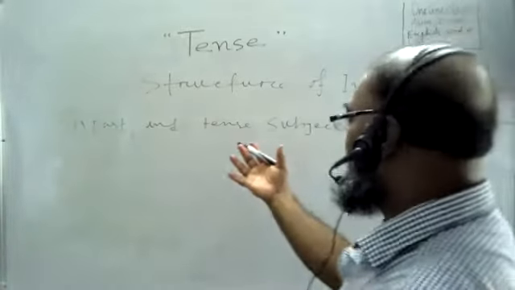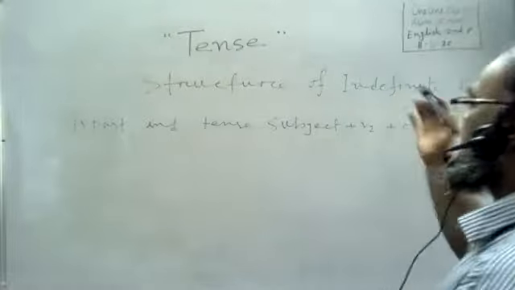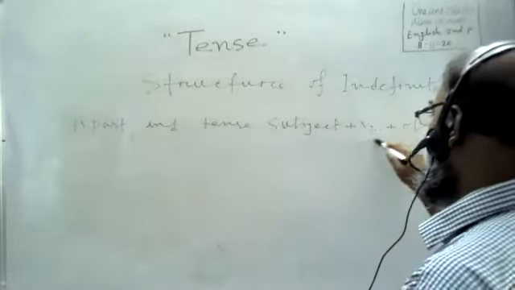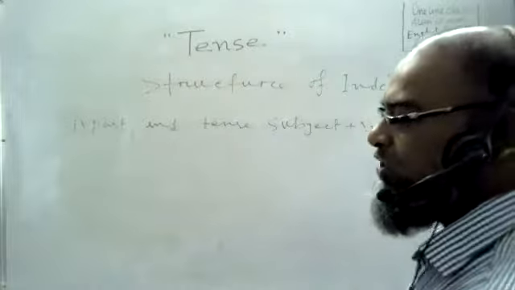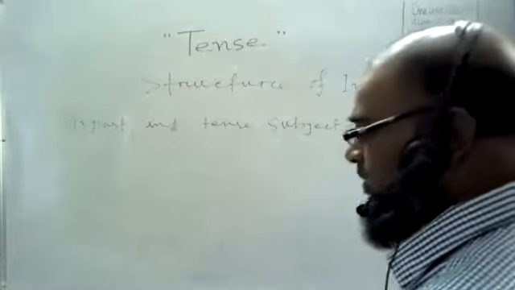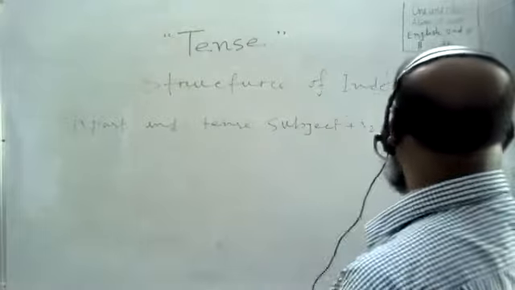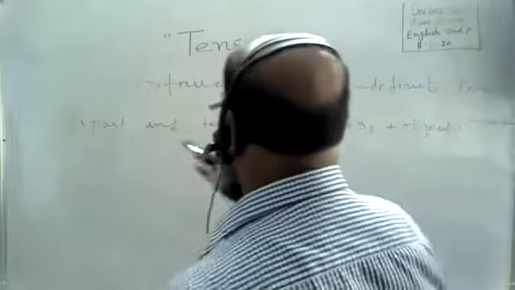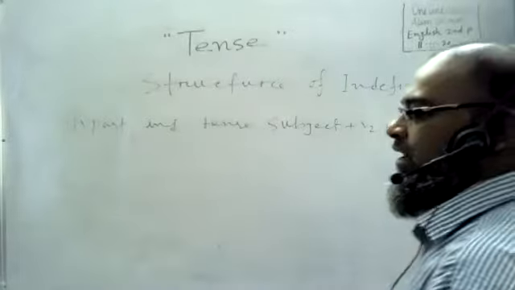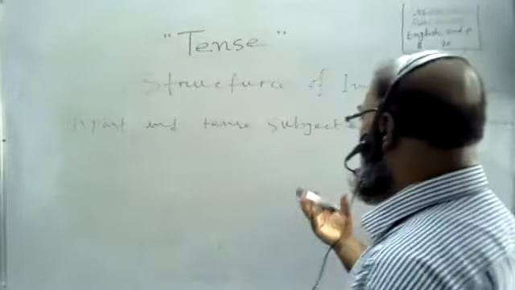As it was present tense, the structure of past tense is the same. Only the changing matter is here: instead of V1, you have to use V2. Structure of past indefinite tense, very easy, same as present indefinite tense.